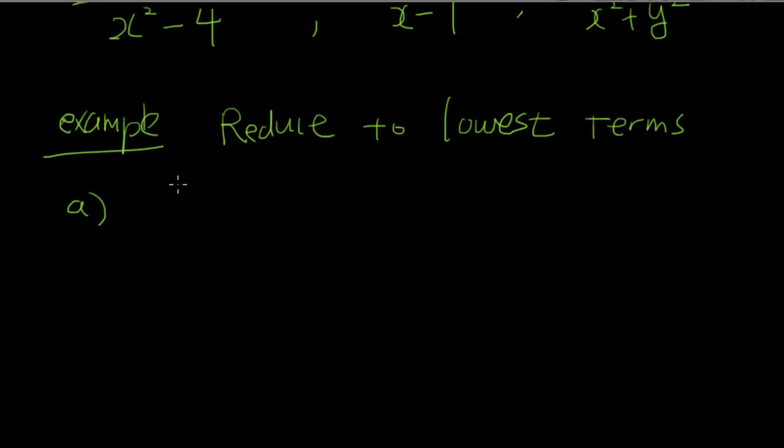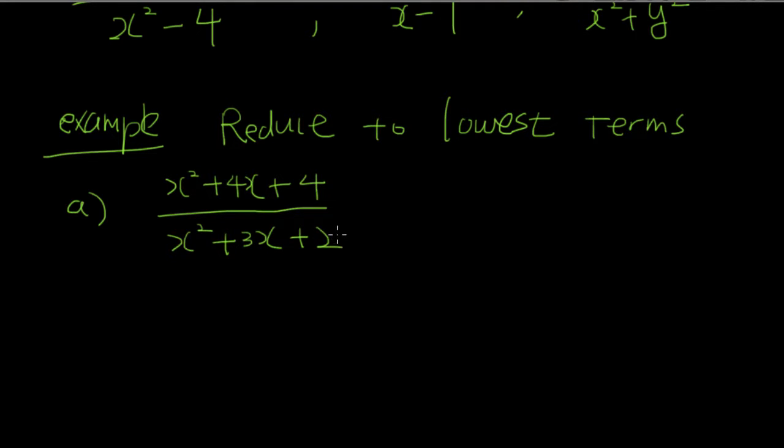So the example would be something like this: let's say we have x squared plus 4x plus 4 over x squared plus 3x plus 2.